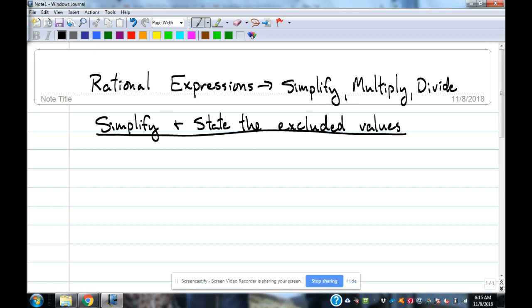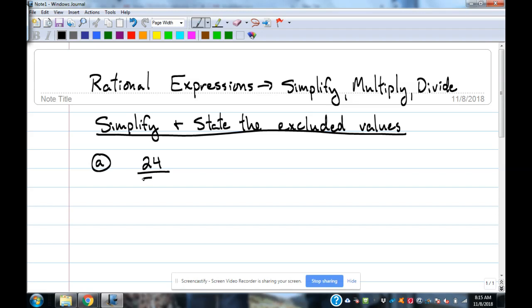What it means is what numbers would cause you to have division by 0. Because remember, that's the only number we can't divide by, right? 0. So when we talk about excluded values, those are going to be the numbers that would make the denominator turn into a 0. So this is a lot of the same stuff that we've done, just put into a fraction form. So let's start with something easy.